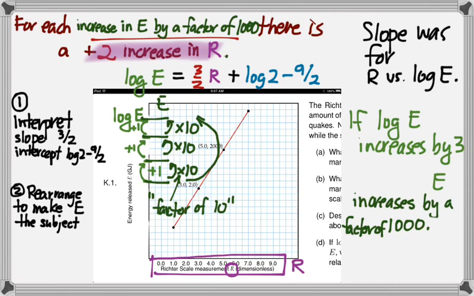There we go. Another way that we might say this is that if I have two earthquakes and one of them is 1,000 times more powerful than the other, then how much distance is going to separate them on the Richter scale? 2 points. If one is 1,000 times stronger than the other, then their Richter scale measurement difference is 2 points.